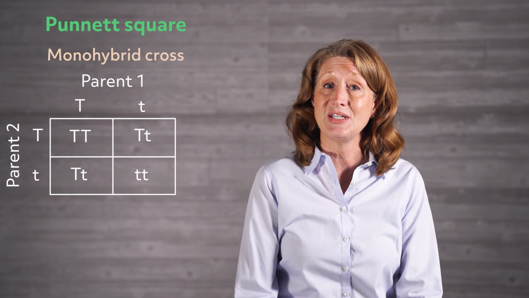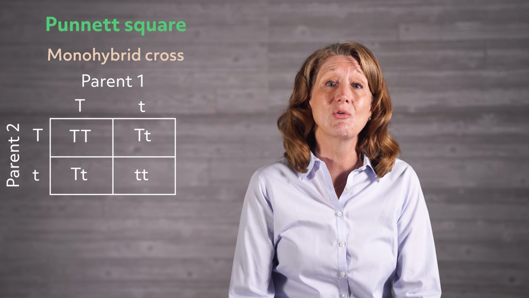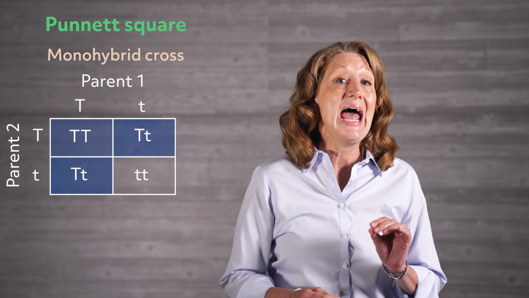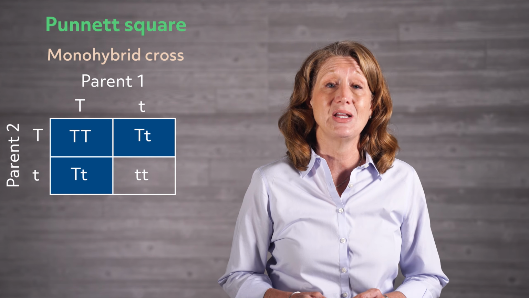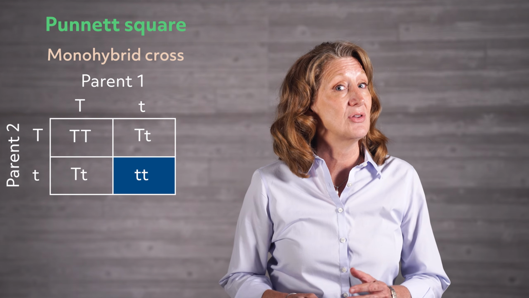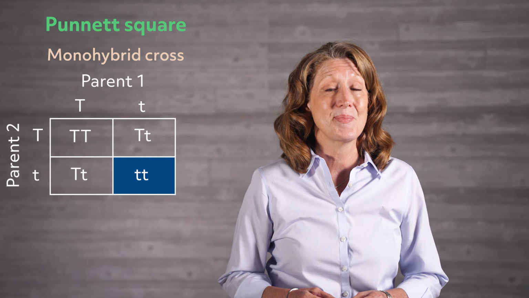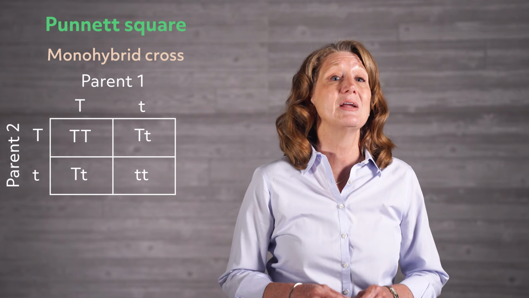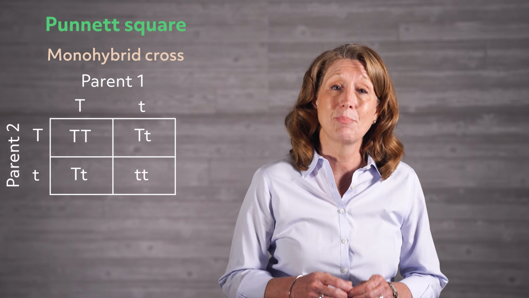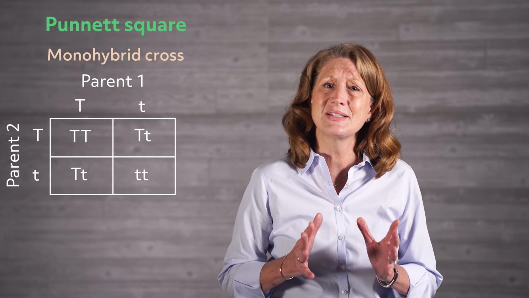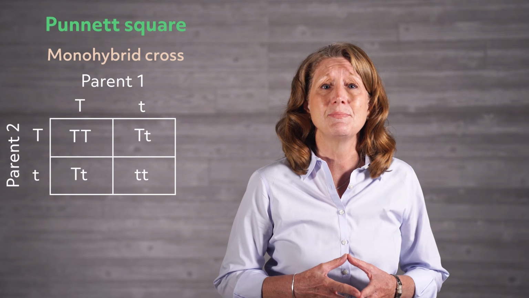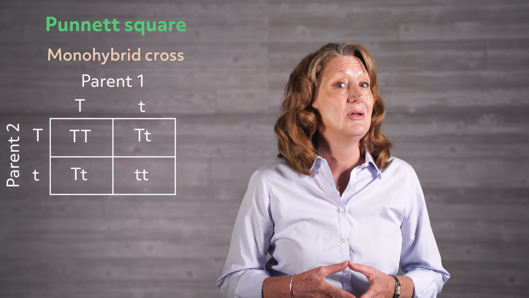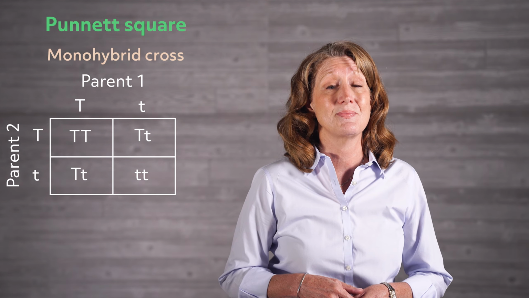We can also see a phenotypic ratio from our cross that shows their offspring have a 3 to 1 chance of being tall, or a 1 to 3 chance of being short. This ratio also stays the same no matter the number of offspring because the results represent percentages. We could say that 75% of these parents' offspring will be tall and 25% will be short.